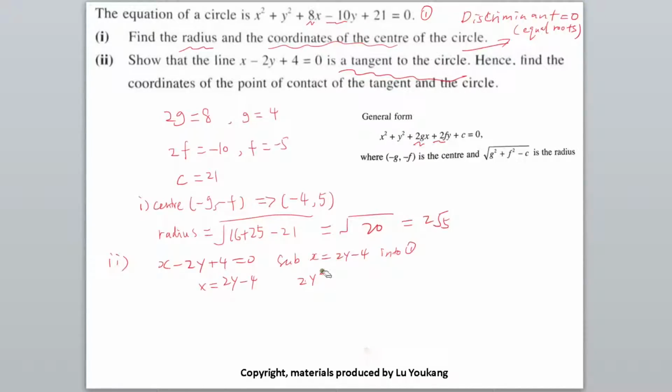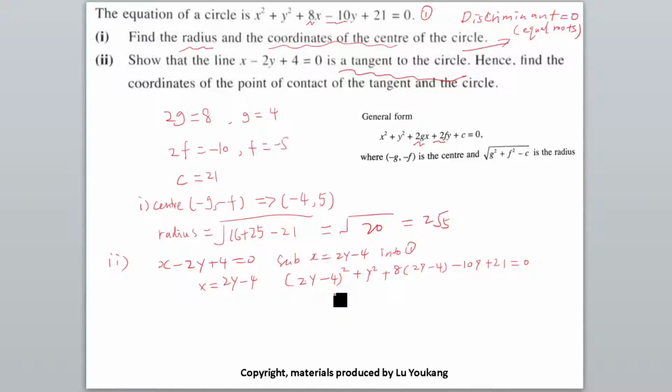So sub in x equals 2y minus 4 into your equation 1. It's pretty complicated, but don't worry. You just have to do it step by step. And I have to warn you, A Maths is always very complicated. That's why you have to have a very solid foundation in A Maths.